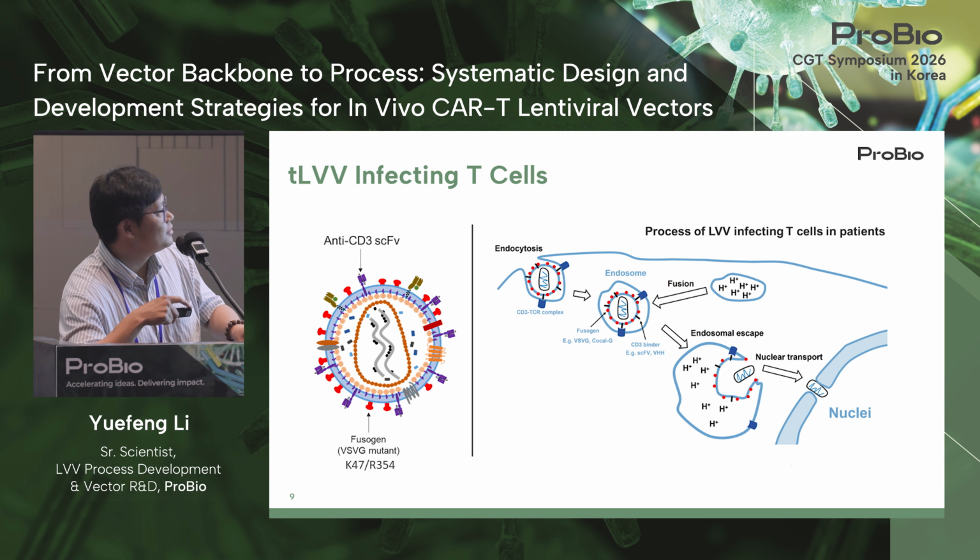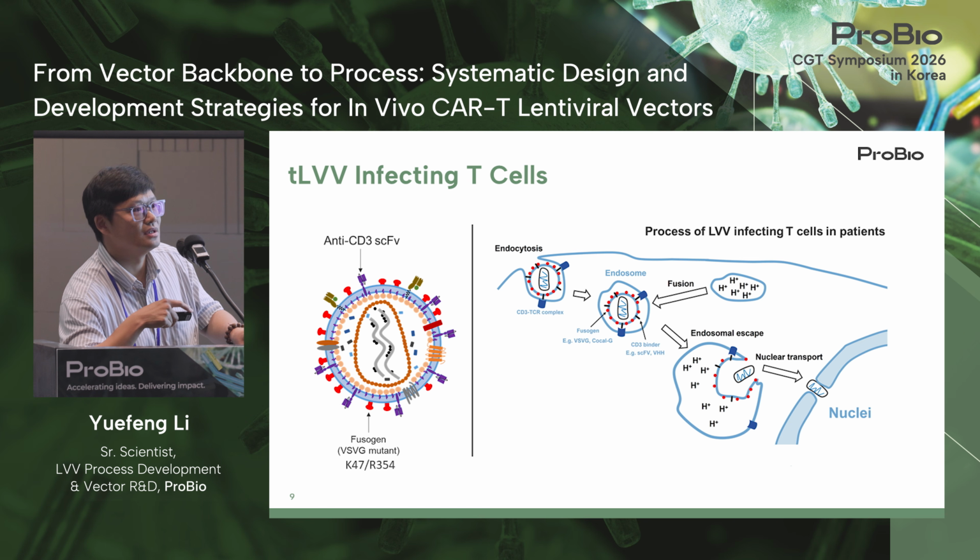To do that, we have to maintain the membrane fusing function of VSVG. We should let it still mediate the endosomal escape, membrane fusion between the envelope and the endosomes. But we have to remove its receptor binding ability.